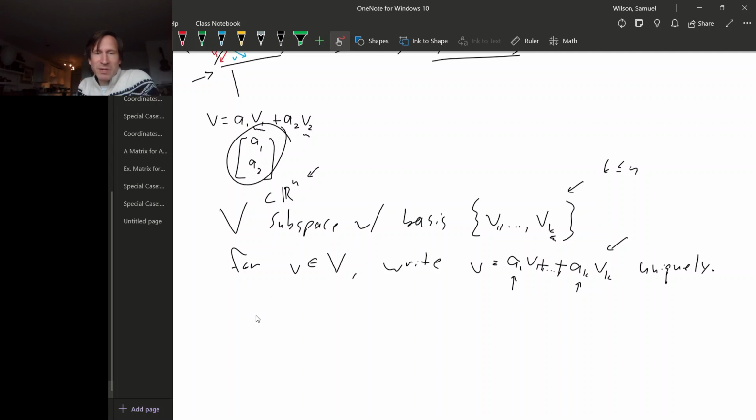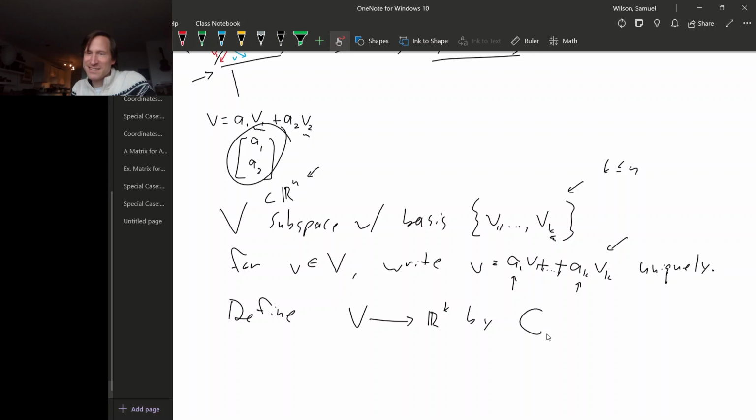Okay, so then we can define a linear transformation from V to Rk. We're using these as coordinates, so let's call this the coordinate transformation, C, and it depends on the basis that we started with.